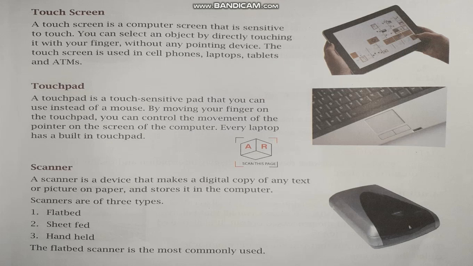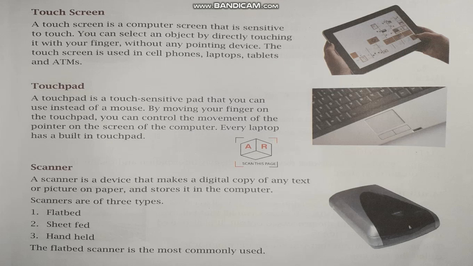Next, touch screen. A touch screen is a computer screen that is sensitive to touch. You can select an object by directly touching it with your finger, without any pointing device. The touch screen is used in cell phones, laptops, tablets and ATMs. Next one, touchpad.